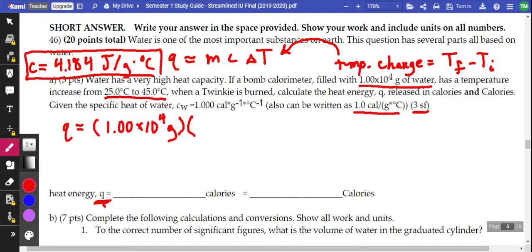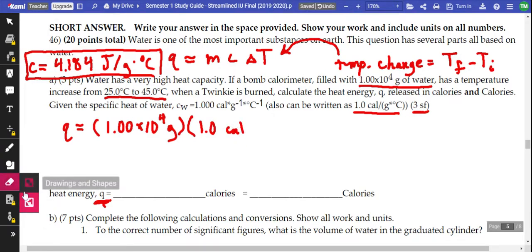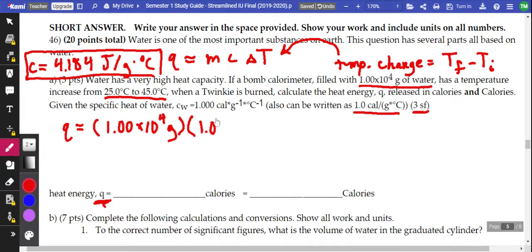So our specific heat capacity is 1.000 calories per gram degree Celsius. Since they want this with 3 sig figs, we should have at least 3 significant figures in this. Both of those are in the per part of the unit, which is why they have a -1 exponent there.